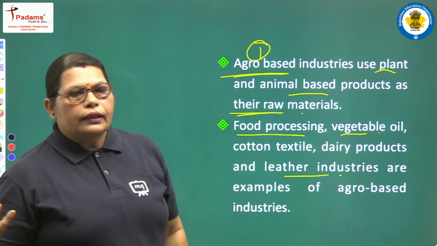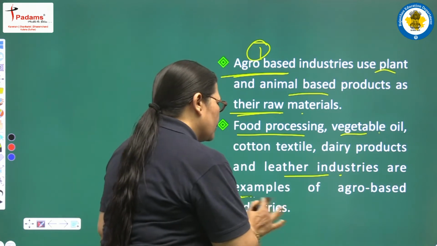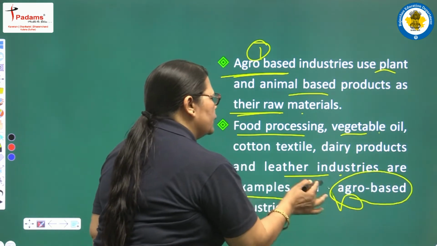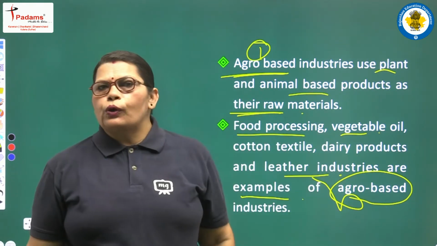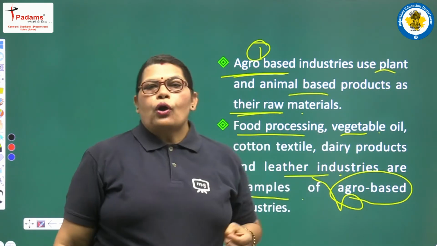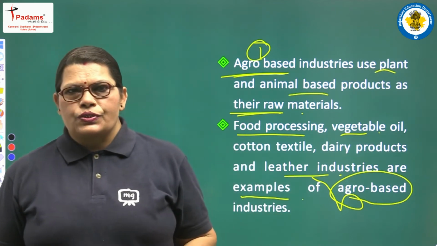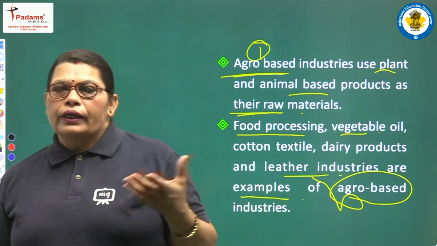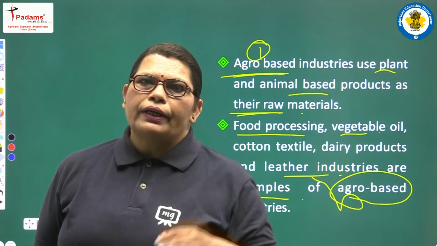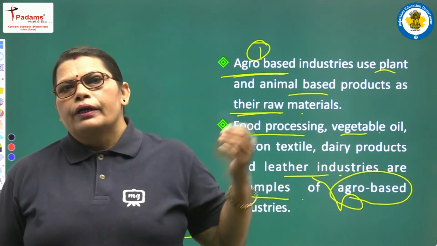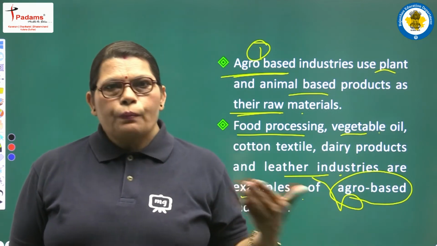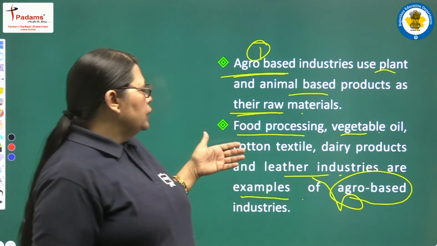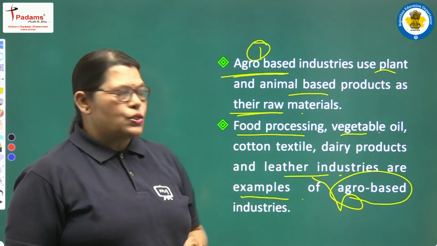Agro based industries may be food processing, vegetable oil, cotton textile or dairy based industries. You are taking curd, cheese, butter, different items made from dairy products. You all take these things from shops or malls. So all these things come in the agro based industries.